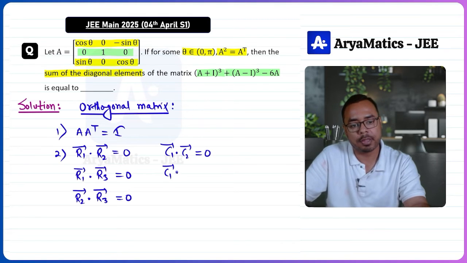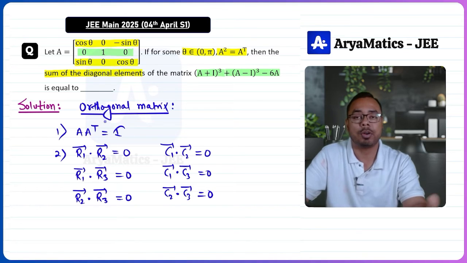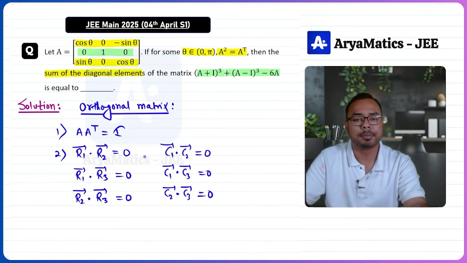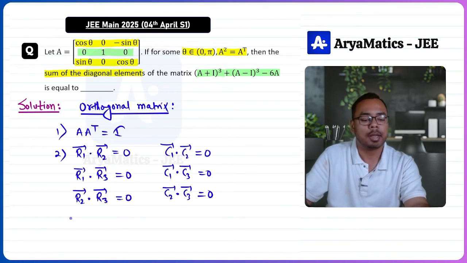First column C1 is perpendicular to C3. And similarly, second column C2 is also orthogonal to C3. Hence the name orthogonal matrix. In case of orthogonal matrix, every row vector and every column vector are perpendicular to every other row or column vector, right? R1, R2 are perpendicular, R1, R3 are perpendicular, and so on, right?